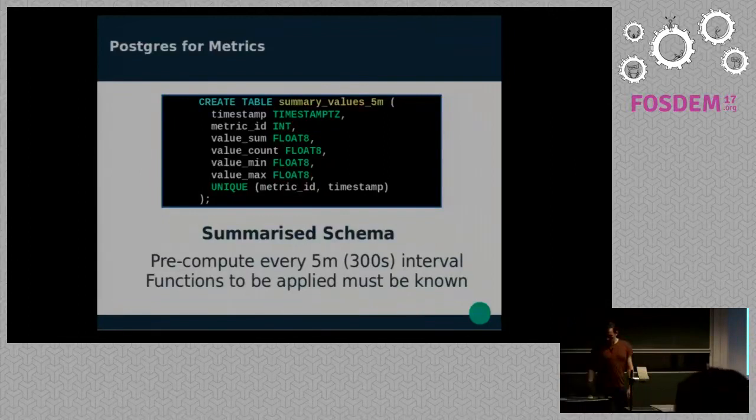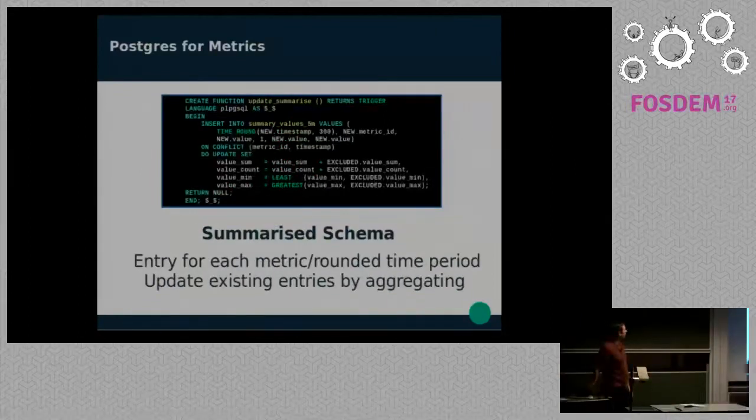I've got a unique constraint there just to make the creation of the summaries a bit easier. So we attach a trigger, so when we insert data into our main measurements table, because we want to keep the detail in case we want to go really fine-grained into it, we just create a trigger which essentially updates the row for that particular time point for that metric ID.